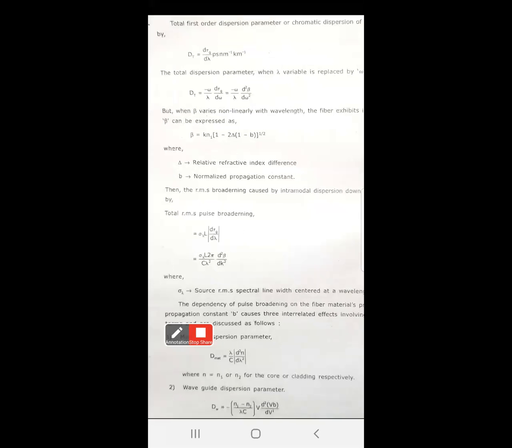We are differentiating with respect to lambda. So for the total dispersion parameter, when the lambda variable is replaced by omega, we obtain D is equal to minus omega by lambda into d tau z by d omega. Finally we obtain minus omega by lambda into d square beta by d omega square.